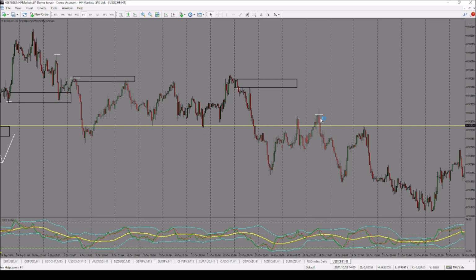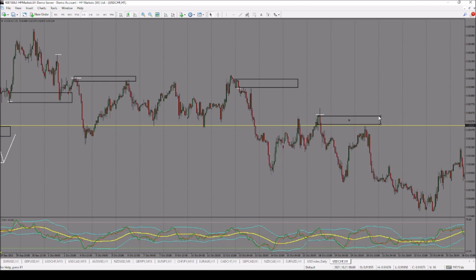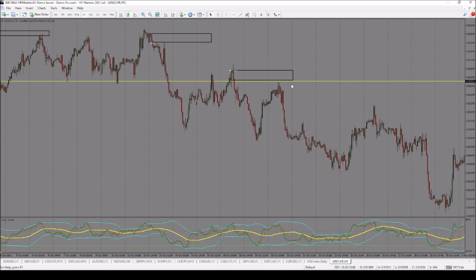So at this point we had the knives, and the last upward candle before that downward move was this green candle. It was actually a hammer, so marking the high and low of that hammer, we could see tapping in of positions at this point.